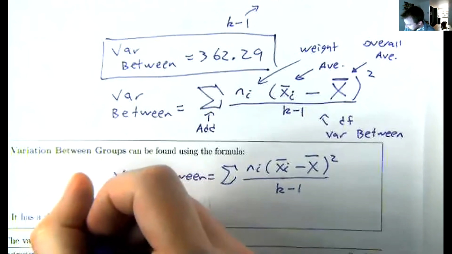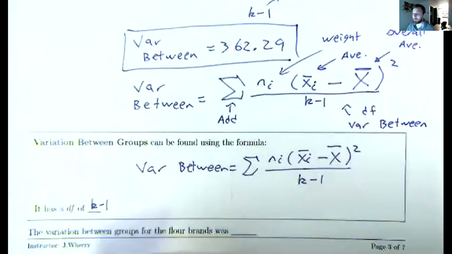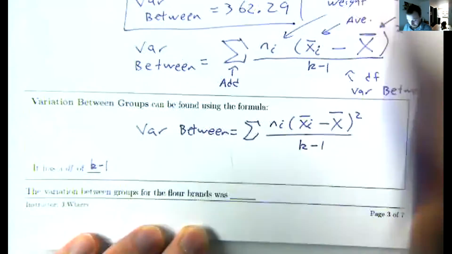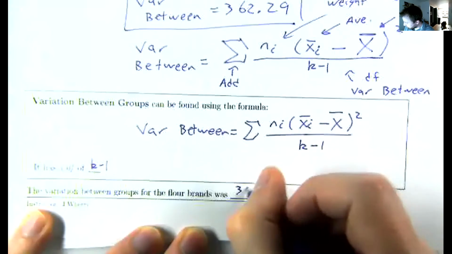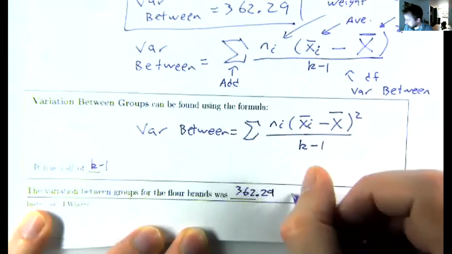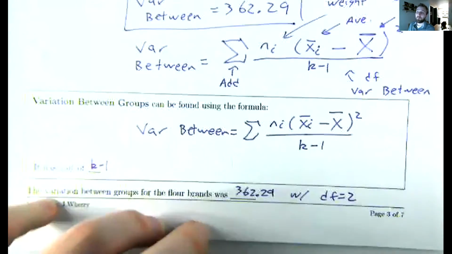So this has a df of k minus 1. Whatever the denominator is, that's my degree of freedom. Our variation for this first set between the groups for the branch of flower was 362.29. And this was with a degree of freedom of 2. 3 groups minus 1 gave me 2.